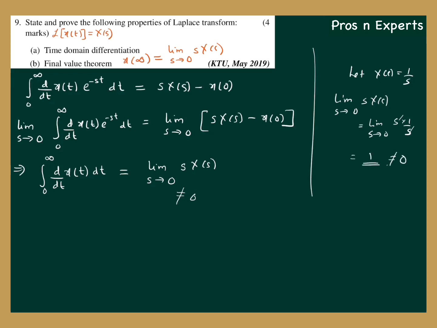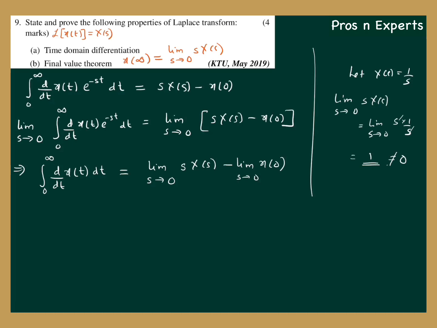So unless X of s is known, we cannot jump to the conclusion that this term is 0. So you cannot put 0 here. You write it as such: limit s tends to 0 of s into X of s, minus limit s tends to 0 of x of 0. Limit s tends to 0 of x of 0 is x of 0 itself. It's a constant value.